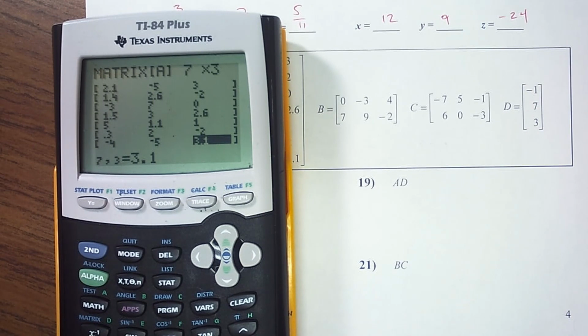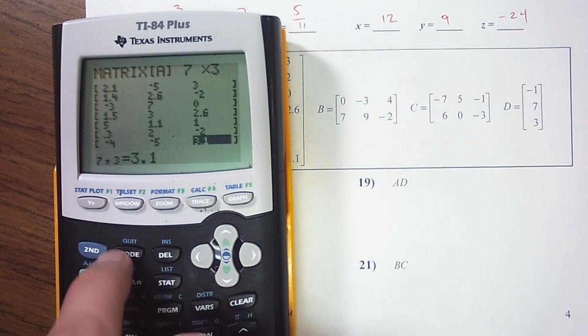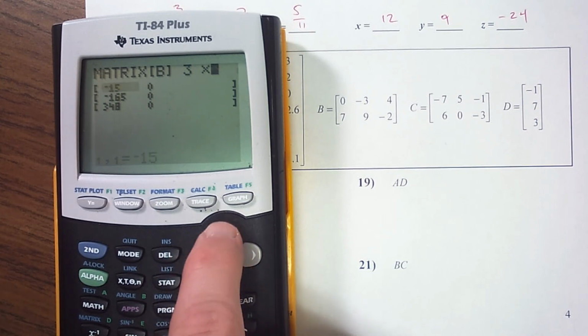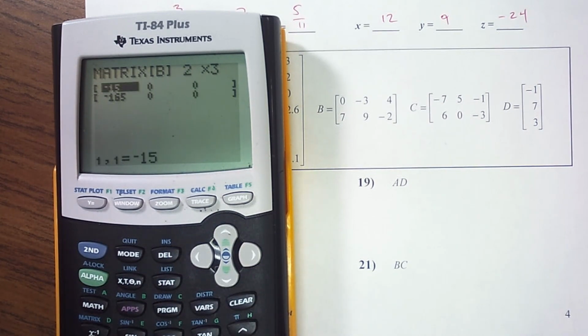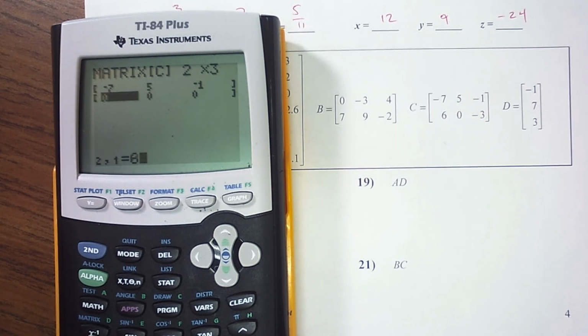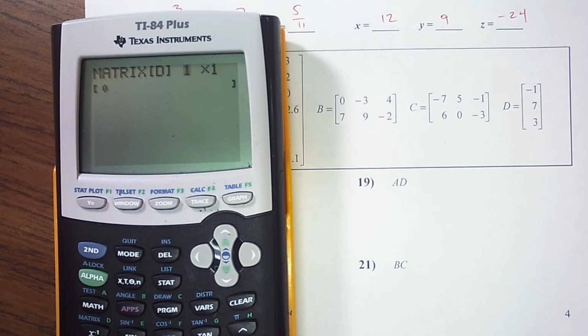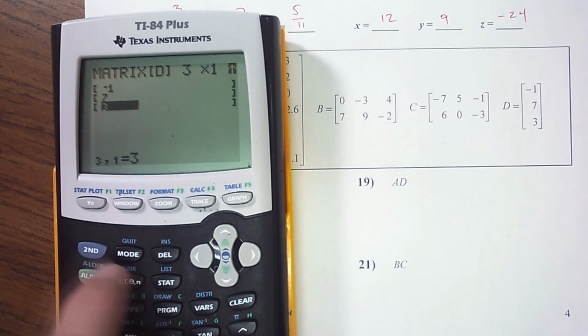Then for B, we'll go to edit matrix 2 to a 3 by 2. I'm sorry, that's a 2 by 3. Okay, then we'll edit matrix 3 to a 2 by 3. And we'll edit matrix 4 to a 3 by 1. And we'll quit, second quit.